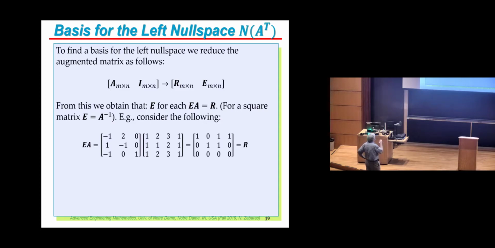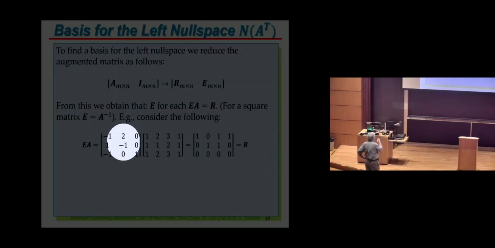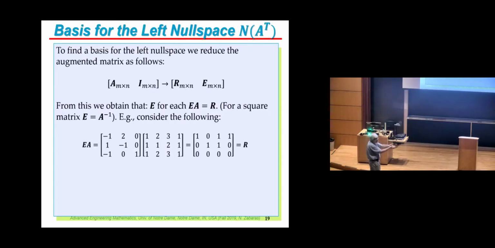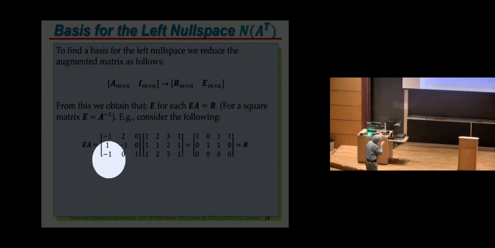You remember when you multiply a matrix from the left with A, you can think of this matrix as 3 different rows, right? And the product of every row with a matrix is a linear combination of the rows. So concentrate on the product of the 3rd row times the matrix A. That will give you a linear combination of the 3 rows of A. And that linear combination has to be equal to what?